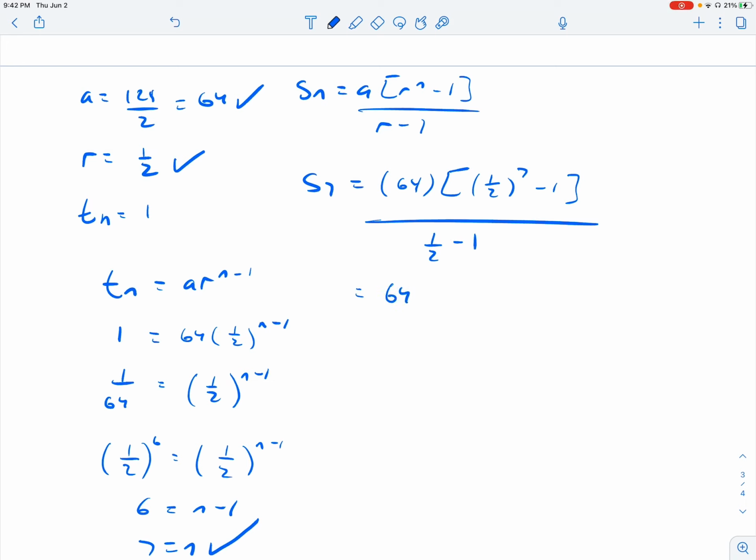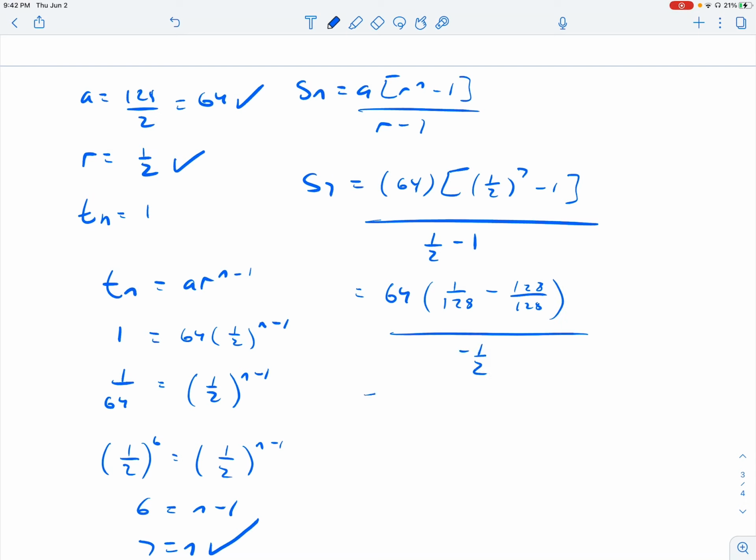So we're going to have 64 times 1 over 2 to the exponent 7. That's going to be double 64, because 64 was 2 to the 6. So we'll have 128. So 1 over 128 minus 1. I like to rewrite that minus 1 as 128 over 128. Close up the bracket.